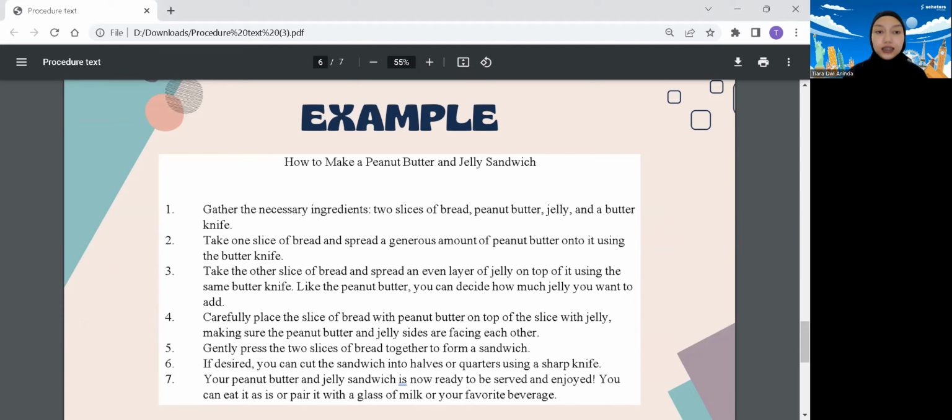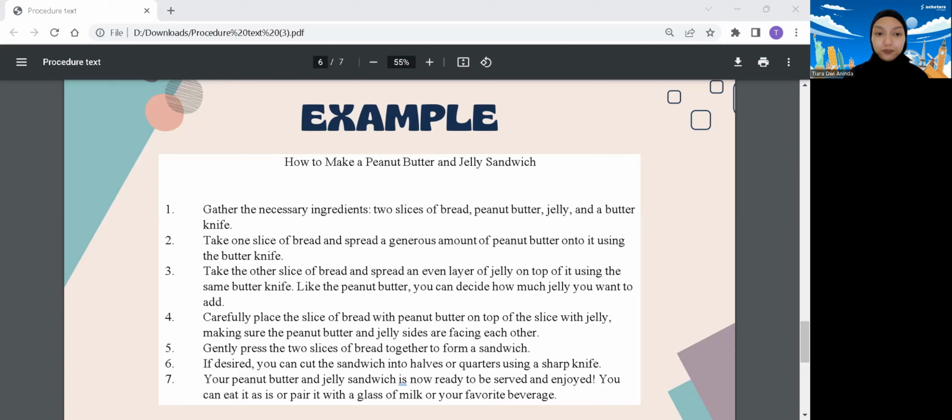Okay, so let's take a look at an example of another procedure text. This one explains how to make a peanut butter jelly sandwich. We will learn how to make a classic peanut butter and jelly sandwich, and this delicious sandwich is quite a popular choice for a quick and satisfying meal.